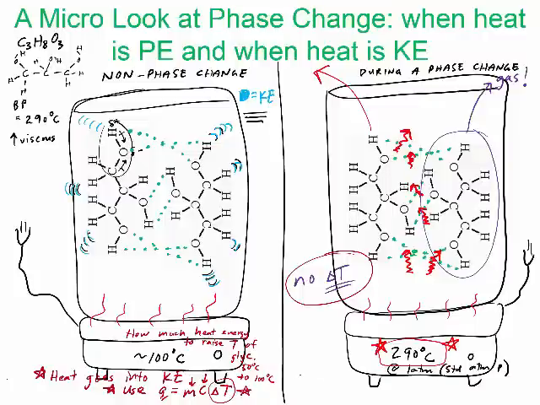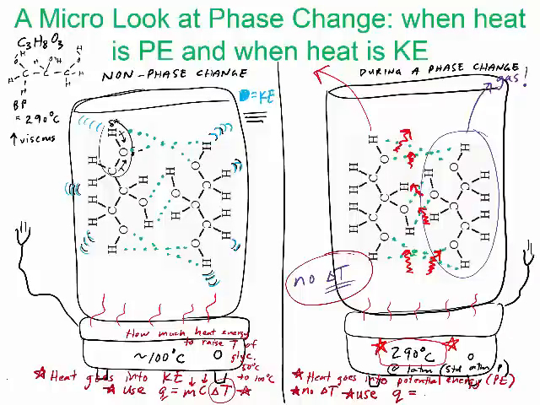So first of all, let's make a note here and say that heat goes into the potential energy, or PE. And there's no delta T, so we have to use something else.